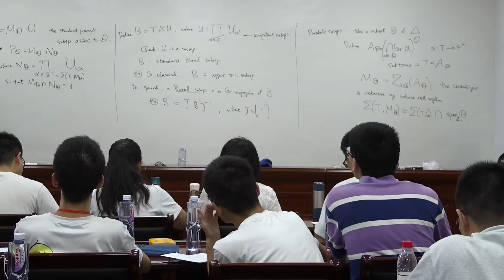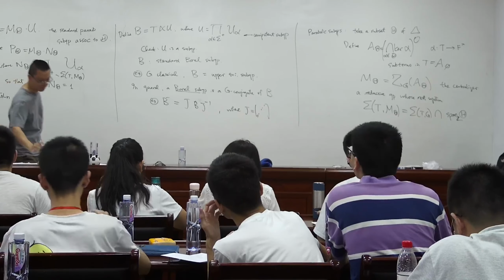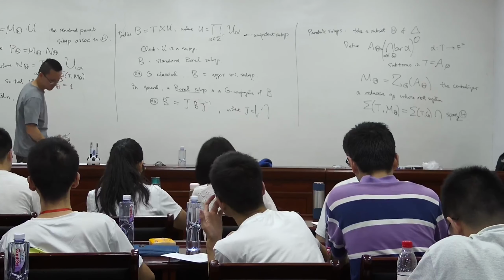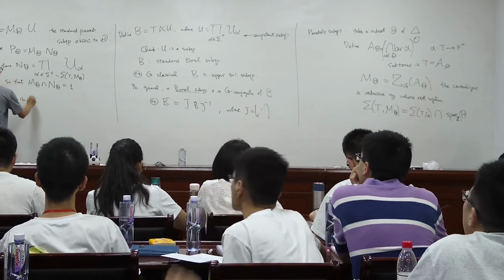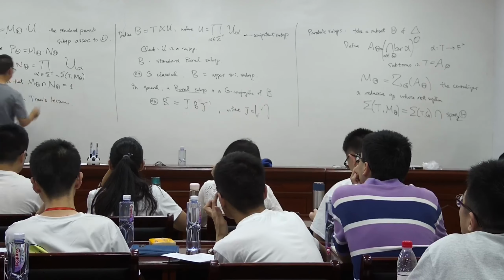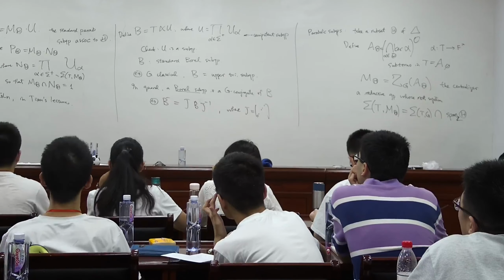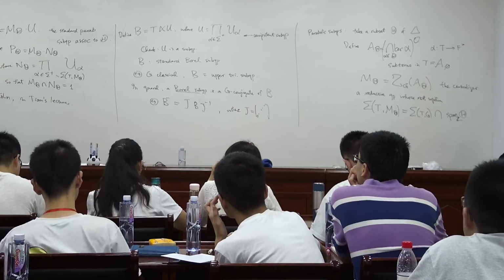For G equal to GL_N, you know how a parabolic subgroup looks like. Basically P is a block upper triangular subgroup, and M is a block diagonal subgroup.